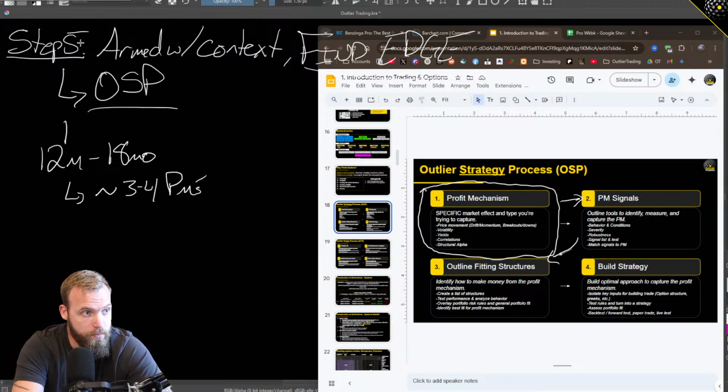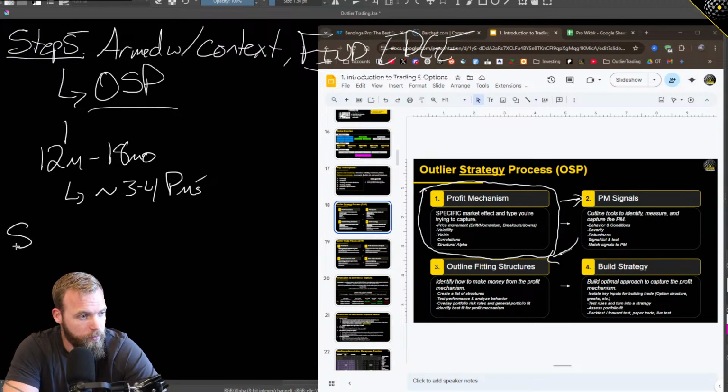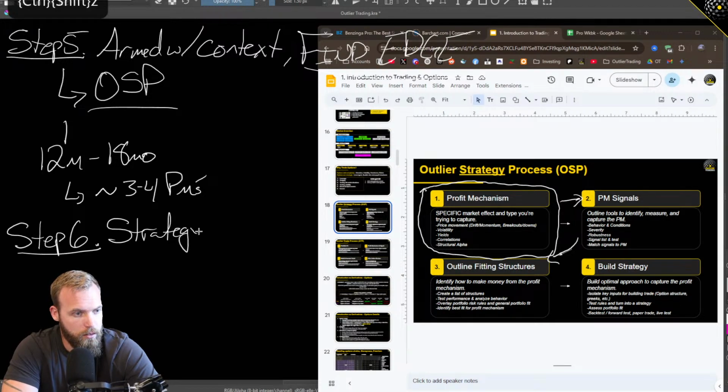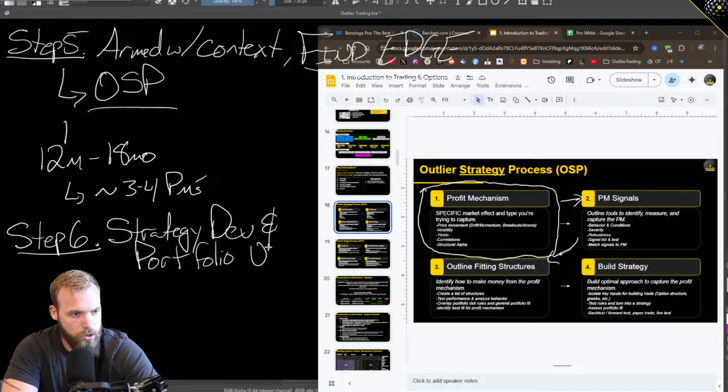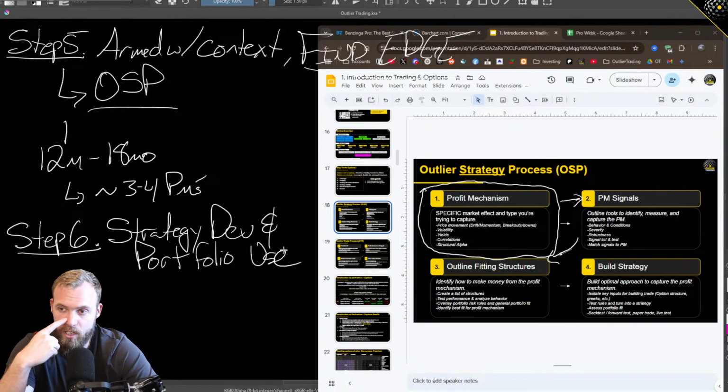So after step 5, this becomes easier now. So step 6, strategy development in portfolio use or implementation.